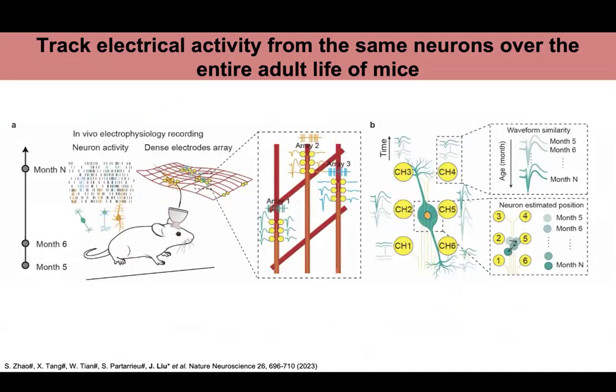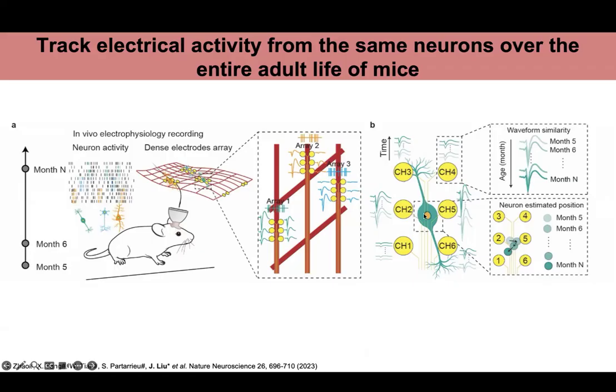To further prove our hypothesis, we designed this high-density flexible electronics array, so that for each neuron there is a high-density electrode array to capture its cell activity, allowing one neuron's activity to be simultaneously captured by multiple electrodes.